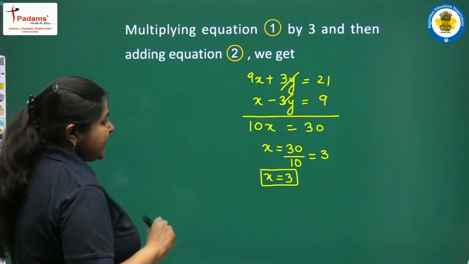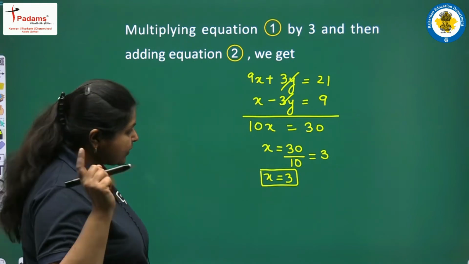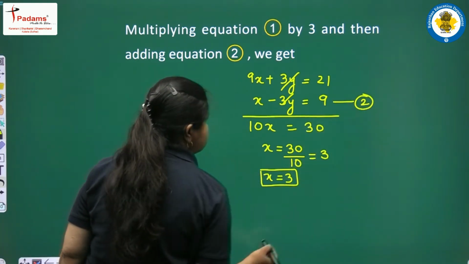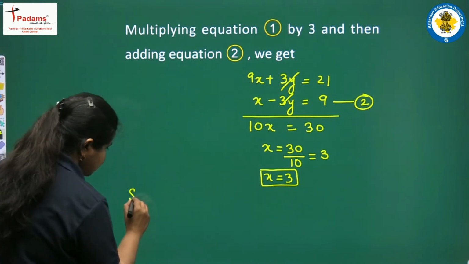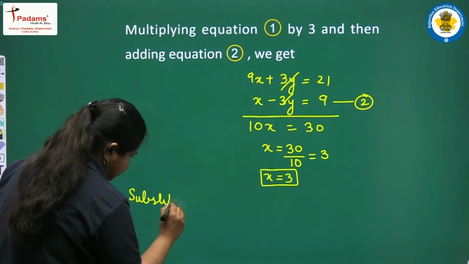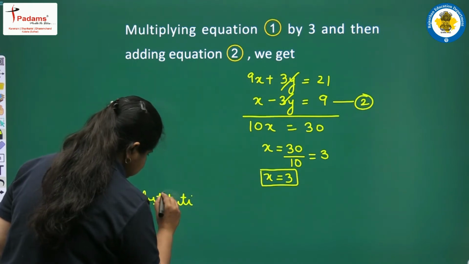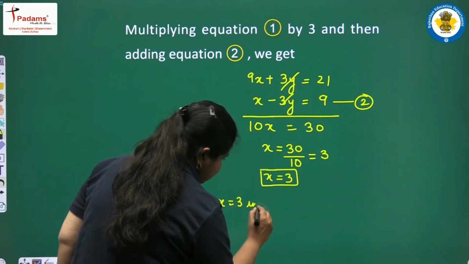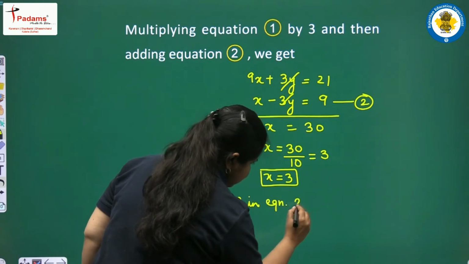Now we need to find the y coordinate of point O. For this we can place this value of x in equation 2. This is equation 2. So we write here substituting x equal to 3 in equation 2.